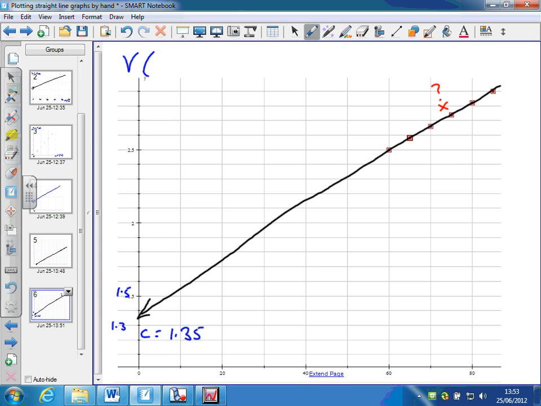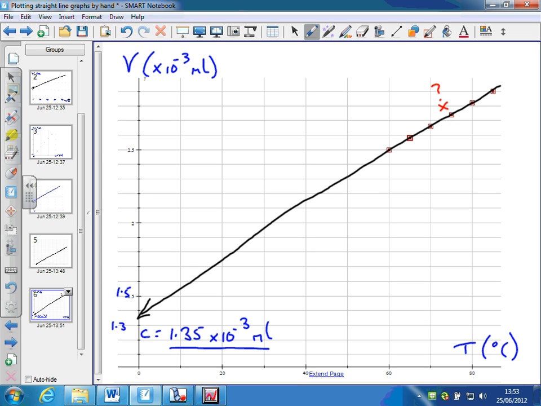Don't forget I've plotted volume times 10 to the minus 3 milliliters against temperature in degrees centigrade. So this 1.35, don't forget, is times 10 to the minus 3 milliliters. So that's my estimate for the Y-intercept.